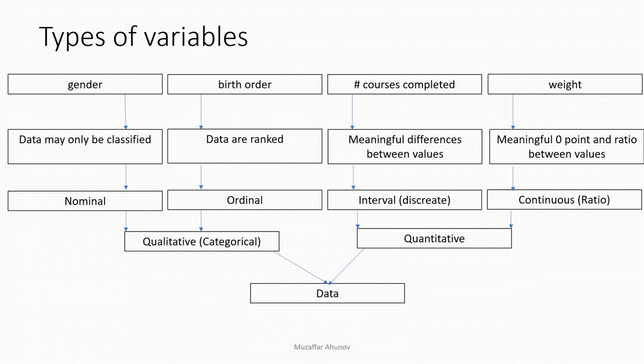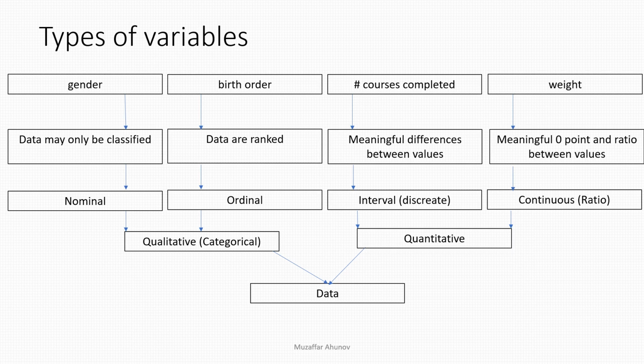Order here does not matter, so we can assign 2 for male and 1 for female. Since we assign these numbers arbitrarily, we cannot run math operations like adding, subtracting, or multiplying. Differences between 1 and 2 here do not have a meaning.